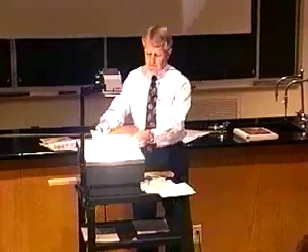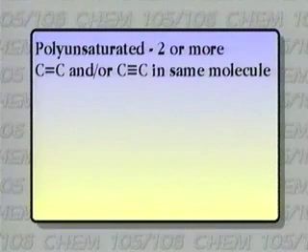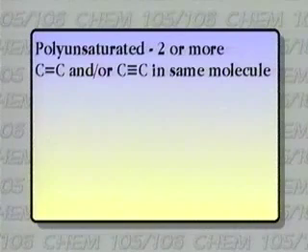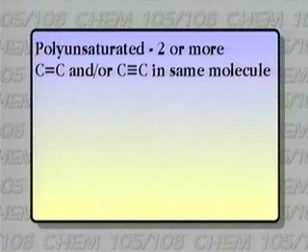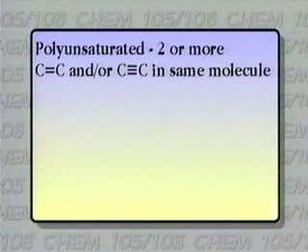Now, what if we have more than 1 double bond in a molecule? Well, we call those then polyunsaturated. And certainly, that's a term that you've heard. If you've heard any commercials on margarine and butters and things like this and cooking oils, one of the key words in the advertisement is polyunsaturated.